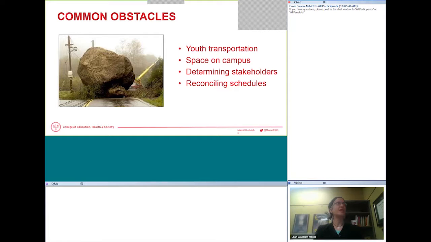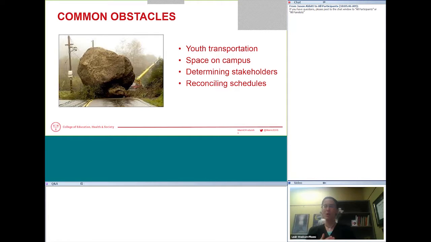So youth transportation, one nice thing is we were able to look at where some of the high schoolers from the local school were already going. Some of them were already coming to our campus for work experiences. So we managed to work in with the buses. You all know it's all about the busing on campus.